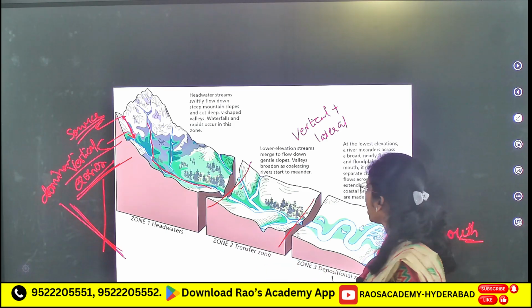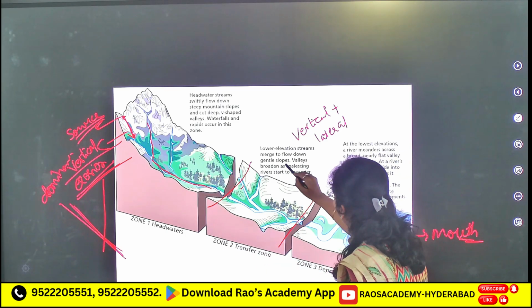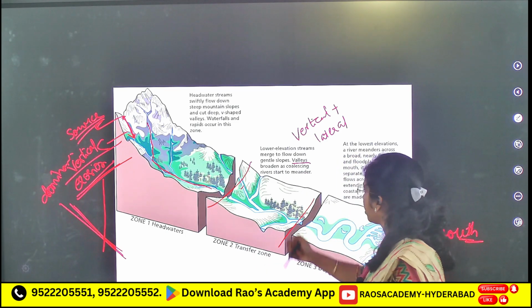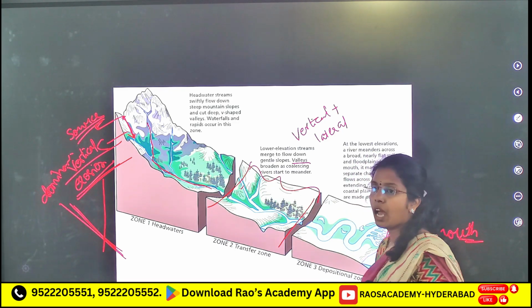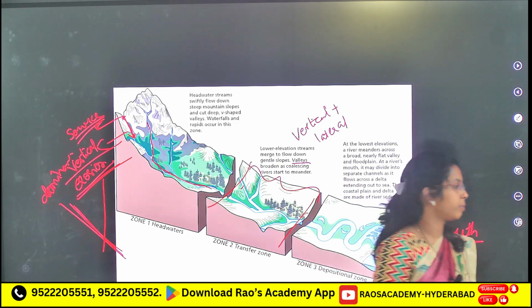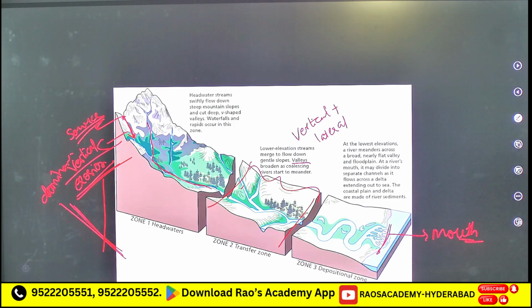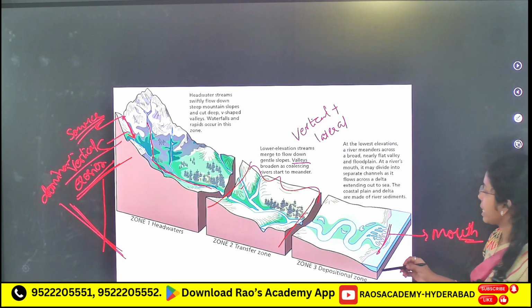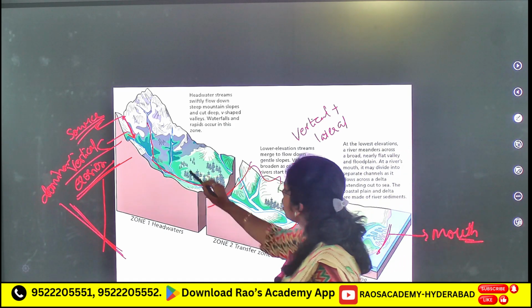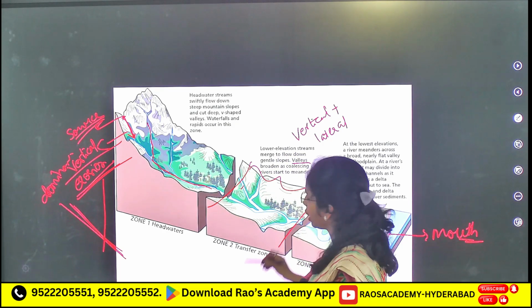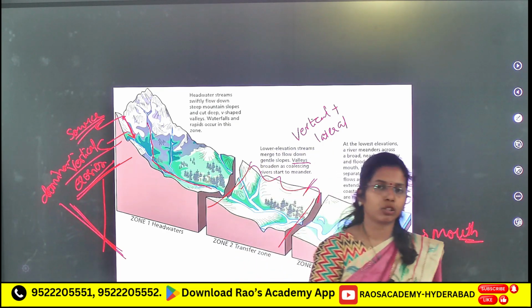Sideways also you will see erosion start. Valleys are broad here. In the mature stage you will see broad valleys. Here you will see moderate slopes, between source and mouth, with vertical plus lateral erosion.